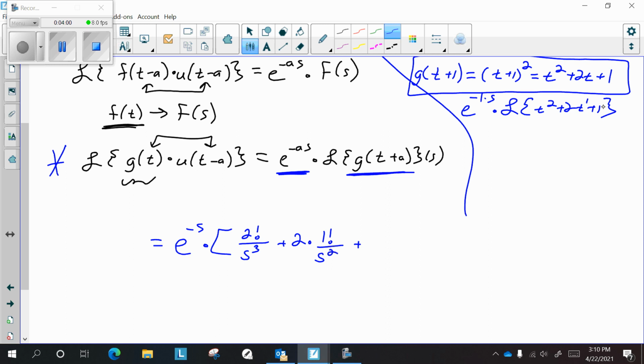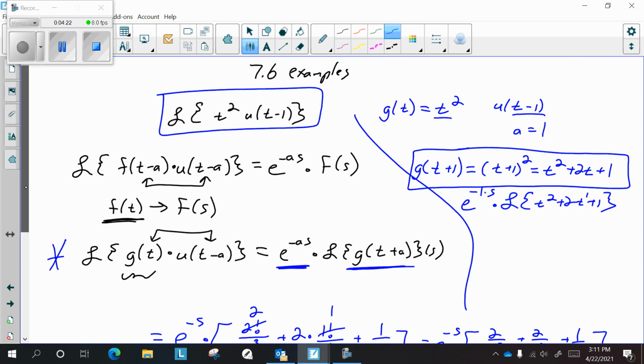And when we transform 1, we get 1 over s. Of course, 2 factorial is 2, 1 factorial is 1. So e to the negative s times 2 over s cubed plus 2 over s squared plus 1 over s. That will be our Laplace transform of the function we were given.